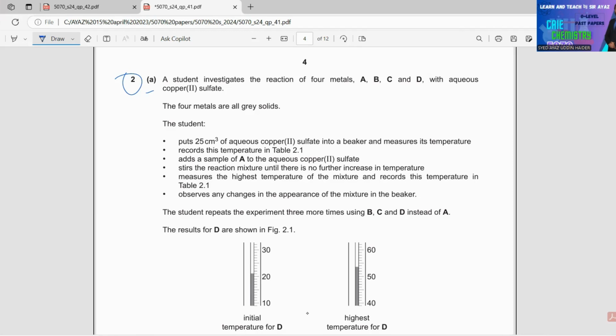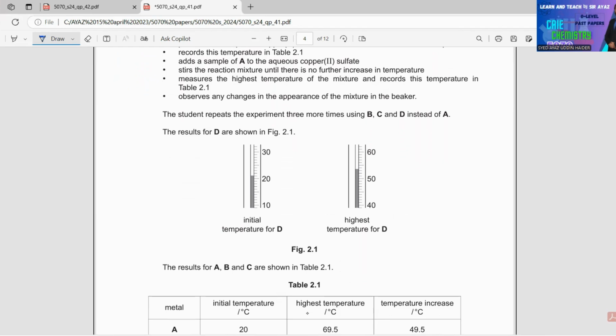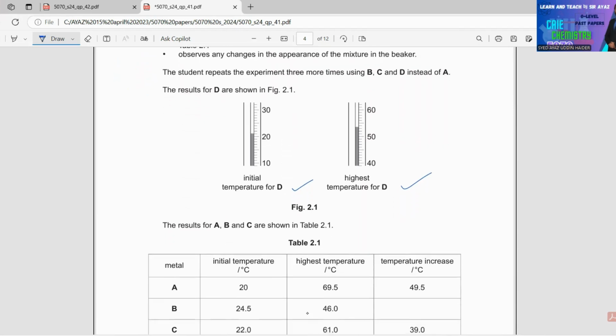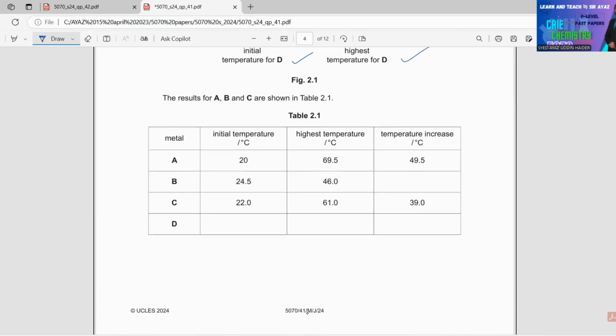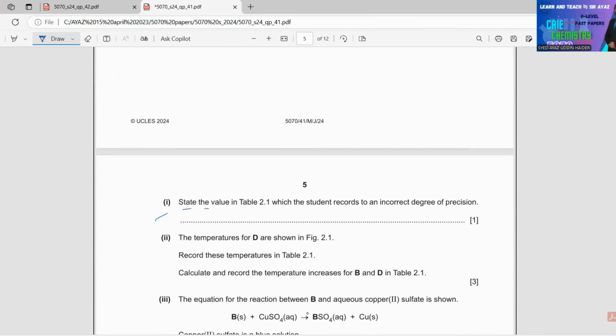Results for D are shown in figure 2.1. So here we are having results for initial temperature and highest temperature. The results for A, B, and C are shown in table 2.1. Number 1. State the value in table 2.1 which the student records to an incorrect degree of precision.